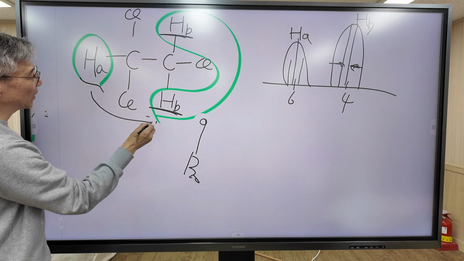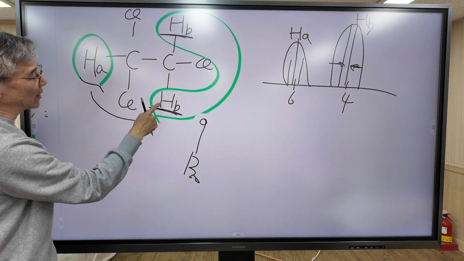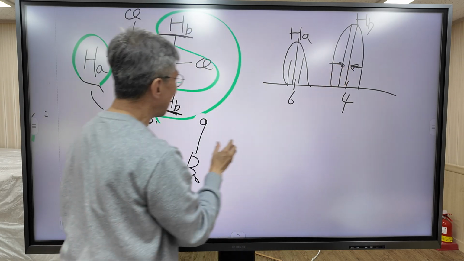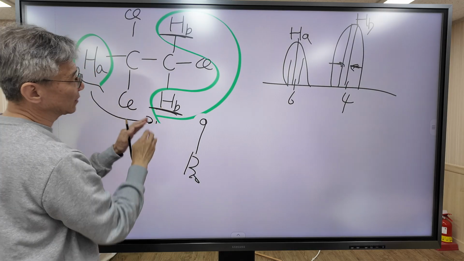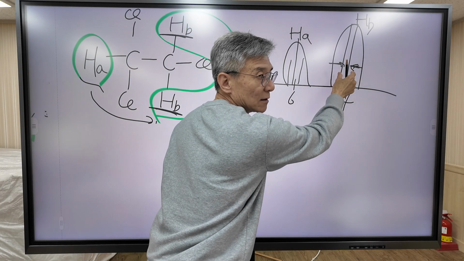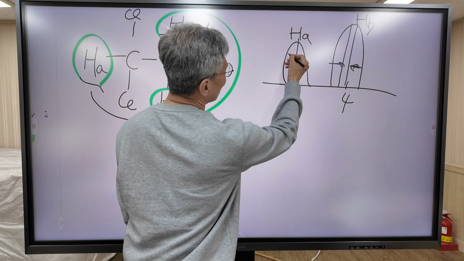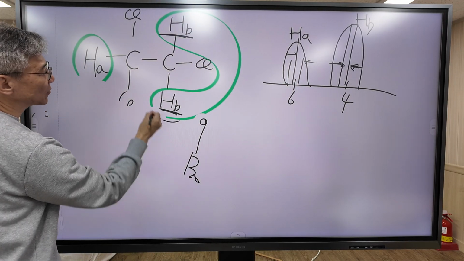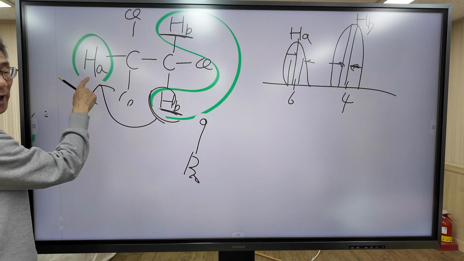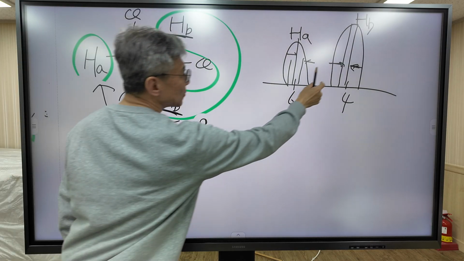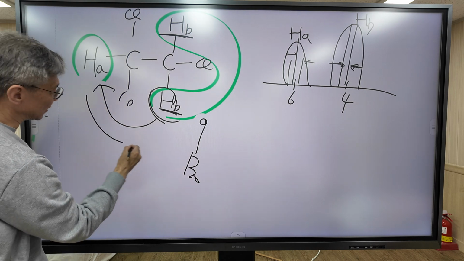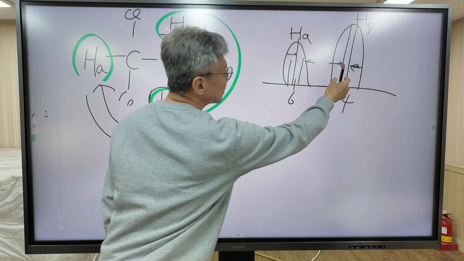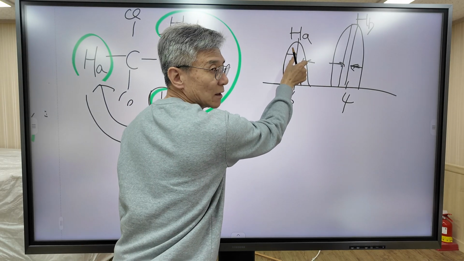So how strongly the Ha proton interacts with Hb determines the spacing in the multiplet structure, right? Then what about this other spacing? This spacing also reflects how strongly the Hb proton interacts with the Ha proton. Same interaction, right? So this spacing must be the same as that spacing.